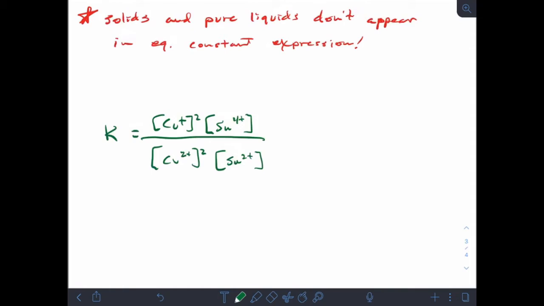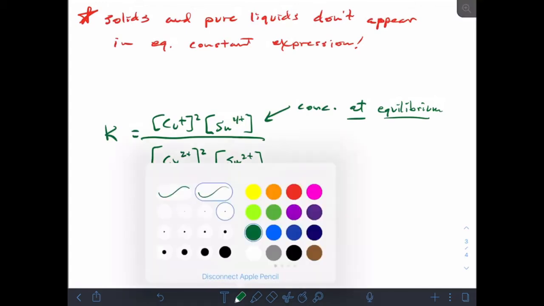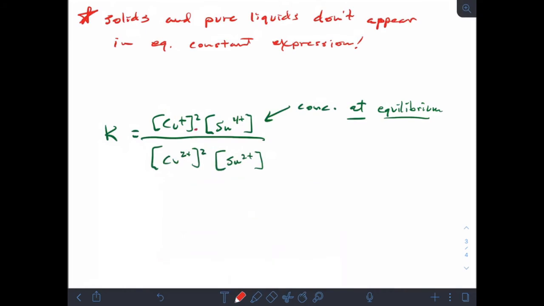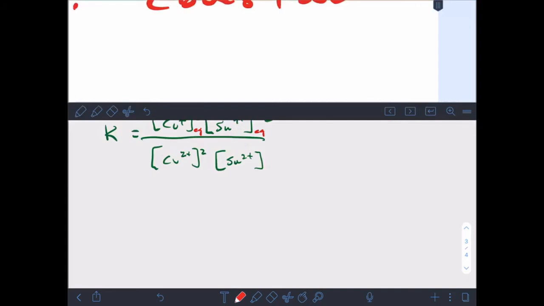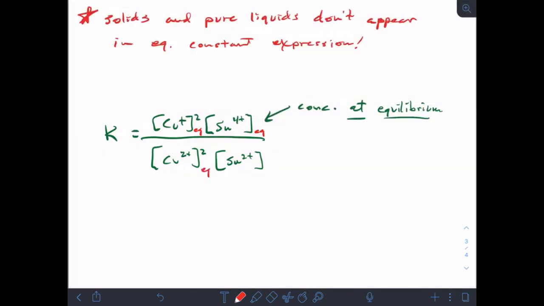Before I go any further, I need to be clear that these concentrations are concentrations at equilibrium. If we are talking about K, everything in the K expression is at equilibrium.